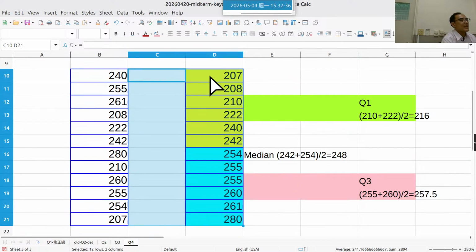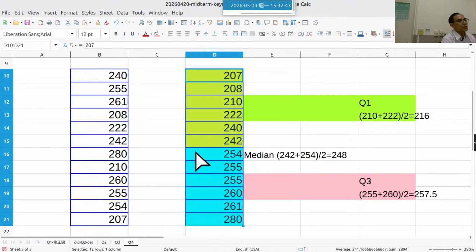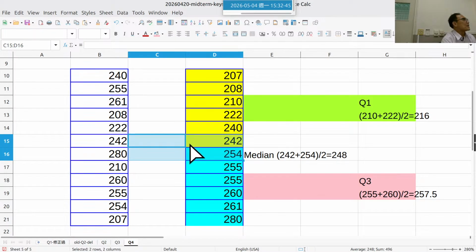But if it is even numbers, like this example with 12 numbers, select the middle two, 242 and 254. Get the average of those two, that would be 248. Is it okay? Here is the median, or you can call it Q2.